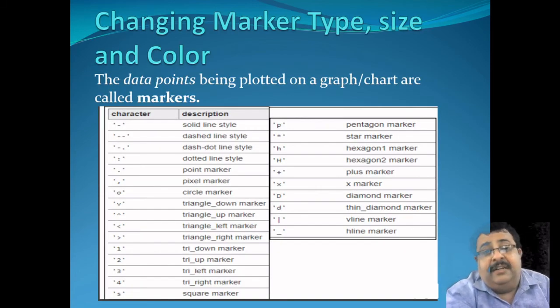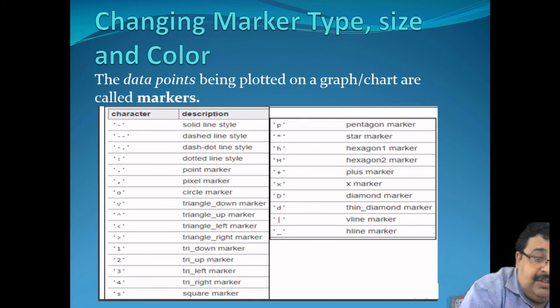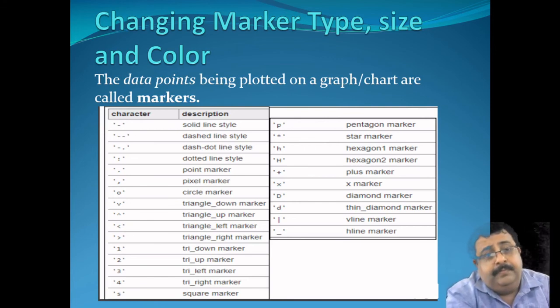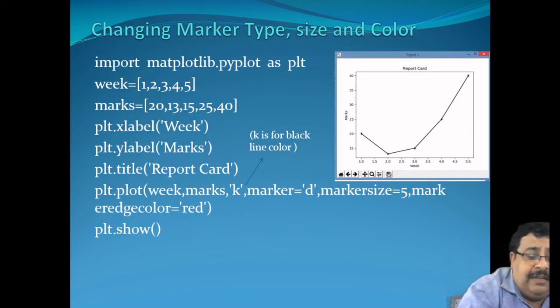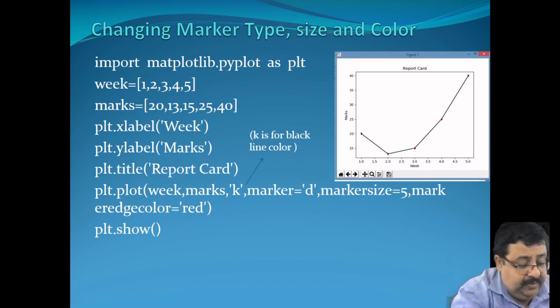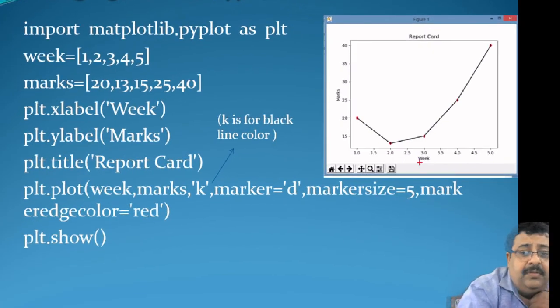We can change the marker type as well as color. So these are the different styles of marking of the markers. We have to learn them. Now how to change the marker type? Now you can see here that the marker is d with a marker size of 5.